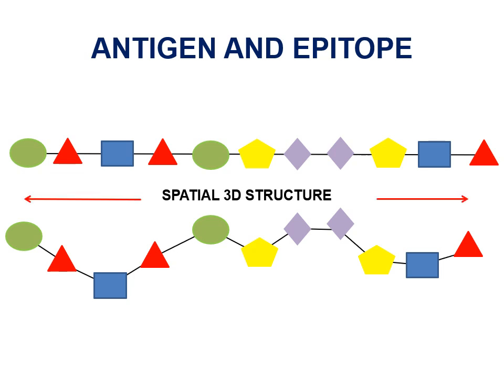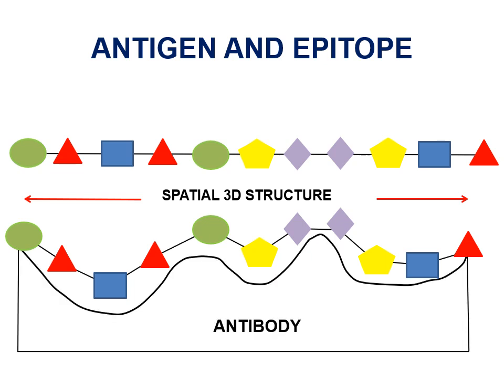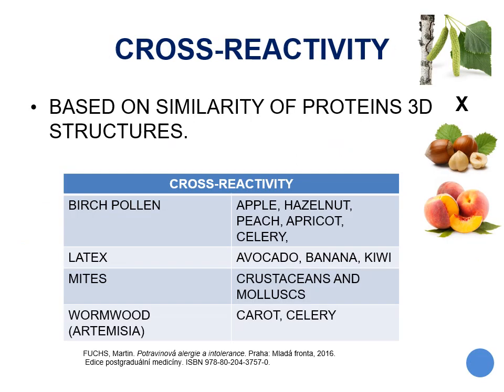And here we can see the special 3D structure, actually presented in simplified form. Then the antibody is capable of interacting with the 3D structure but not with the primary structure. So the 3D structure is the thing which is important for the reaction.